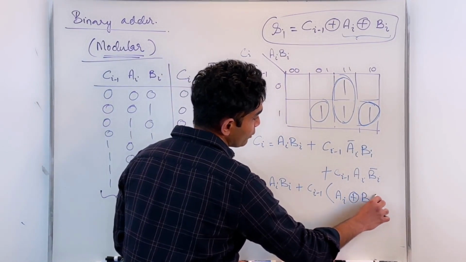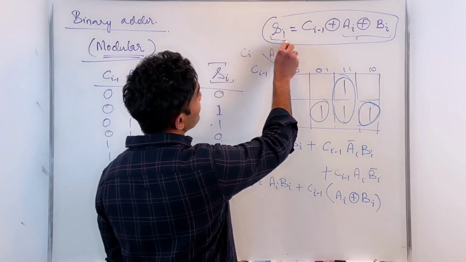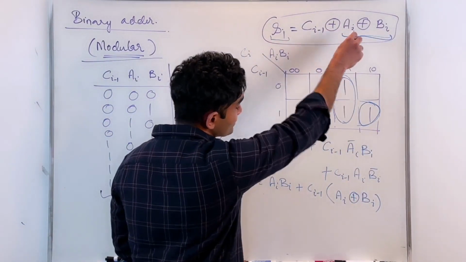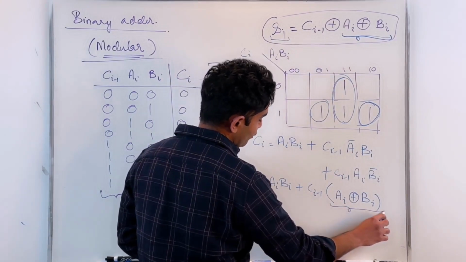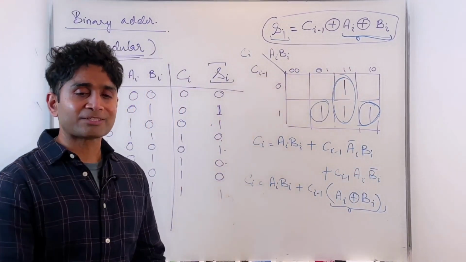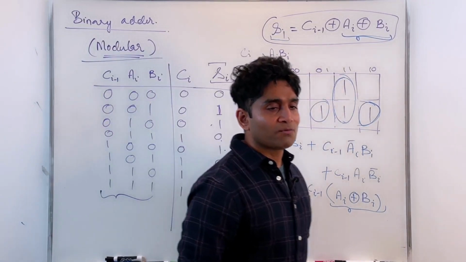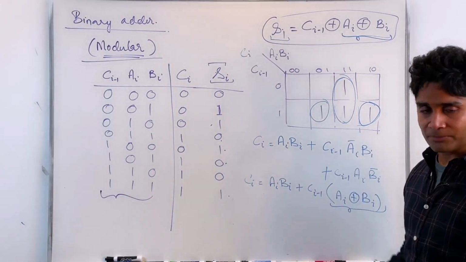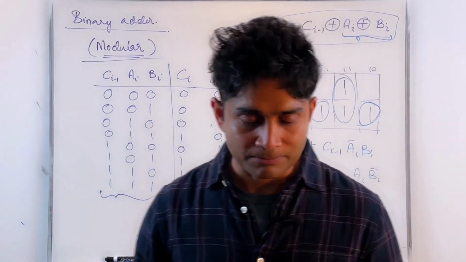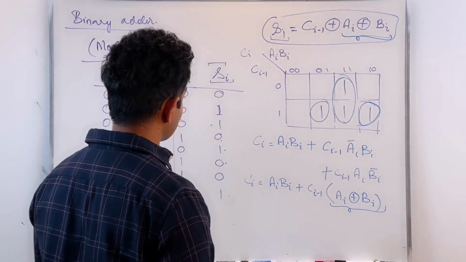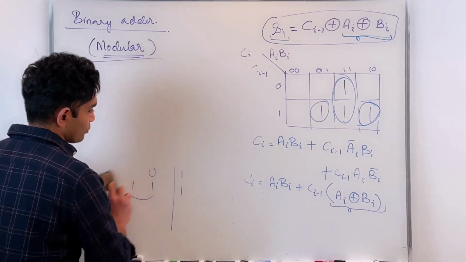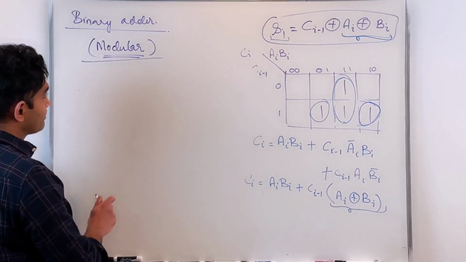Why am I doing that? Because I notice that my Si already has Ai exclusive or Bi computed. I might as well use that in the implementation of my Ci. So I can avoid an additional OR gate between Ai and Bi, which we had in our initial trial. So that's it. So my function for the full adder now looks like, that's a single bit full adder.